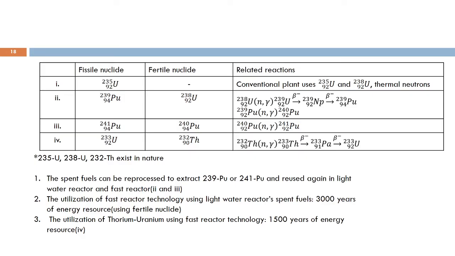This table is additional information for you. I think if you understand the story here, you will appreciate nuclear energy. In the conventional nuclear plant, the fuel is uranium-235 and uranium-238.